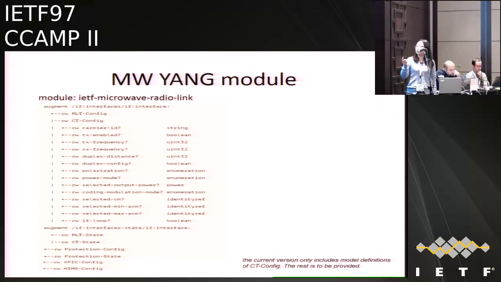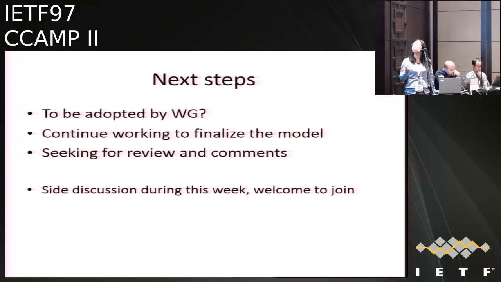So that's the current progress. Moving forward, we are asking whether it's possible to be adopted by the working group, and of course, as a design team, we will continue to finalize the model, and we would like to see if there's more interest and contribution to this work. So that's pretty much all of these slides.